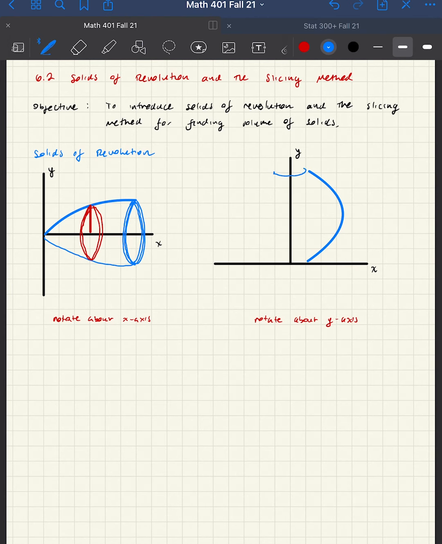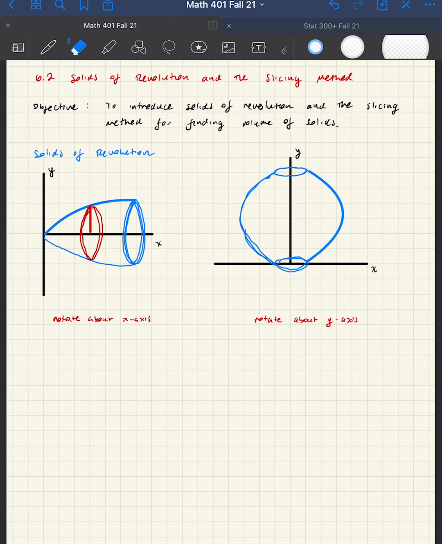Similarly, if we're looking at rotation about the y-axis, then we rotate about the y-axis counterclockwise in a similar fashion. Okay, and each point on that curve gets swept out. Sorry, that doesn't look right. That's better. Okay. And makes the corresponding solid.